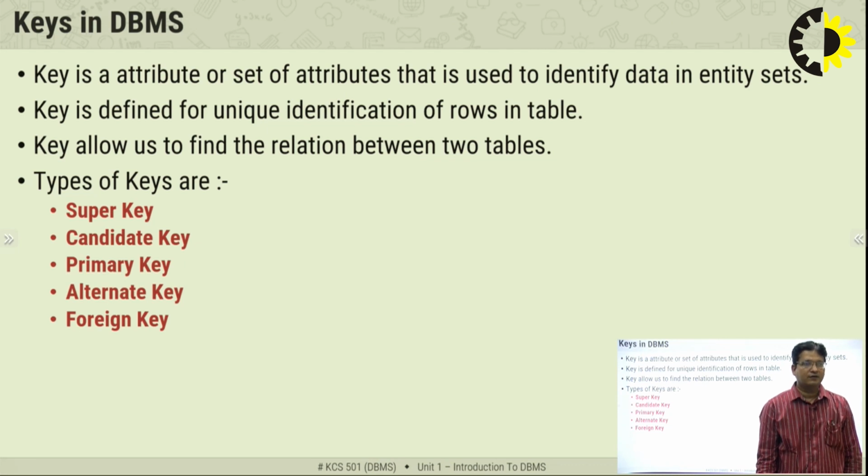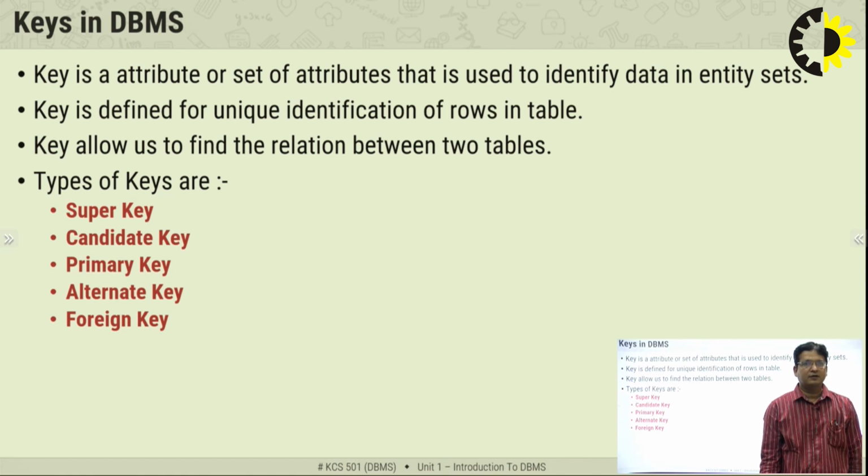Next key is the foreign key. A foreign key is a key whose value is imported from the primary key of another relation. For example, we have two relations, an employee relation and a department relation. In the department relation, there is a primary key department number which has certain values, let us say 10, 20, 30.